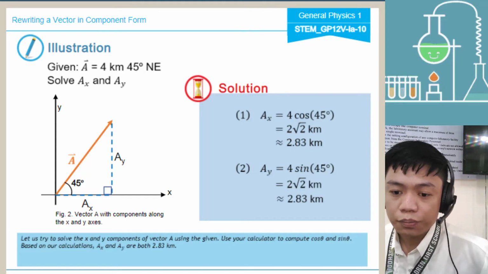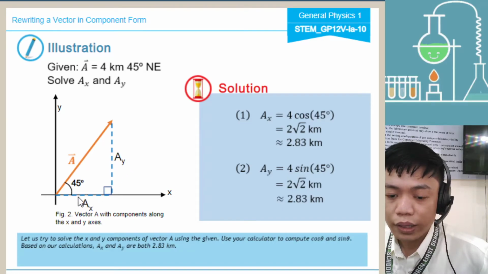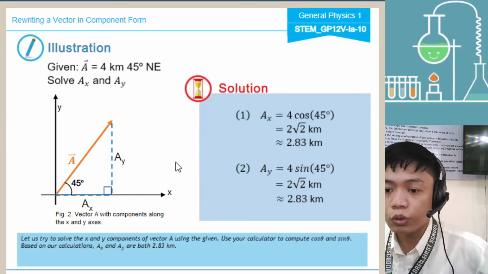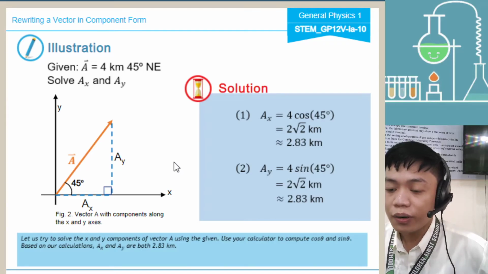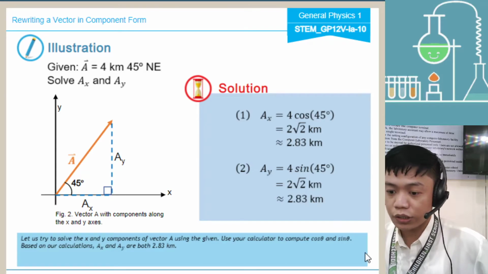The y component here is A sub y, and the x component there is A sub x. We just have to substitute all the values into our formula, then we can get the answer, which is 2.83 kilometers.